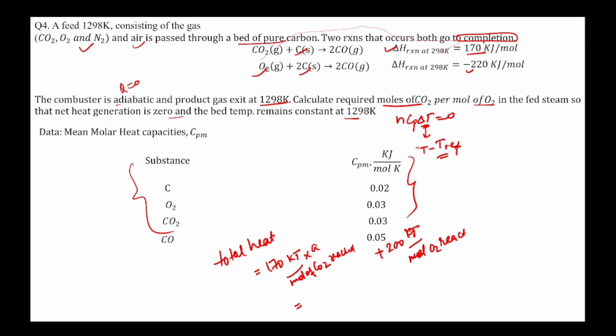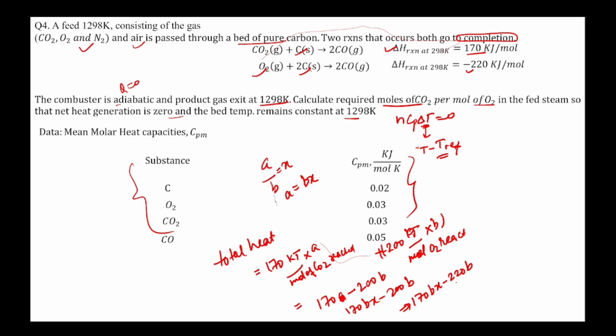Moles of CO2 is A and moles of O2 is B. So 170A minus 220B. Sorry, it is not 200, it is 220. So 170Ax minus 220B.